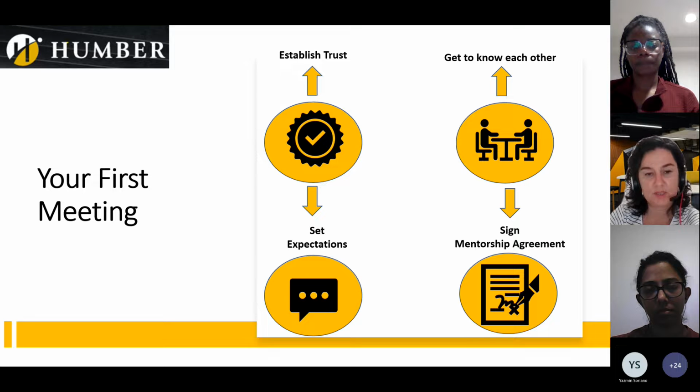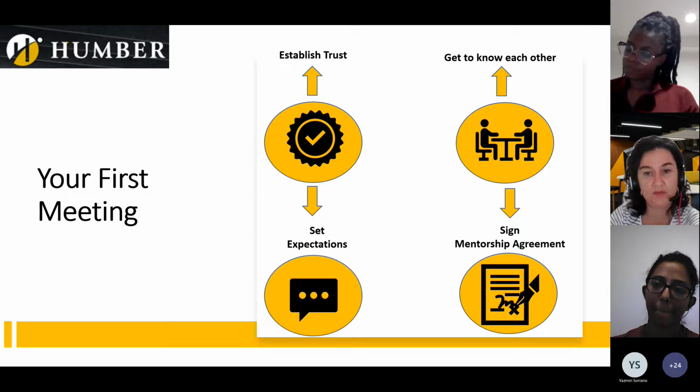That can be other expectations that you may want to list in that agreement, such as if you are willing to discuss your failures and your successes, what kind of metrics you're going to use to demonstrate that you are applying what you are learning from your mentor, and how that can be assessed by your mentor.